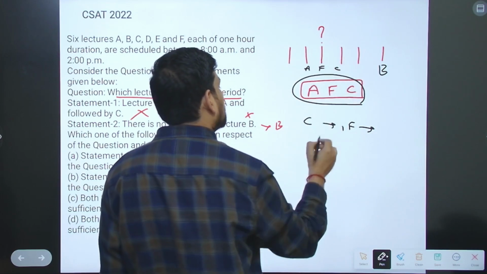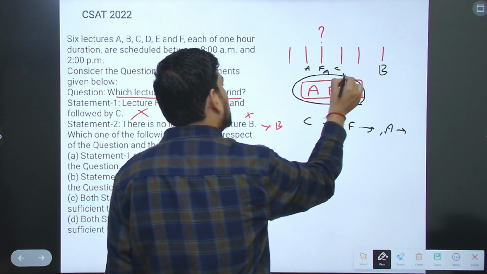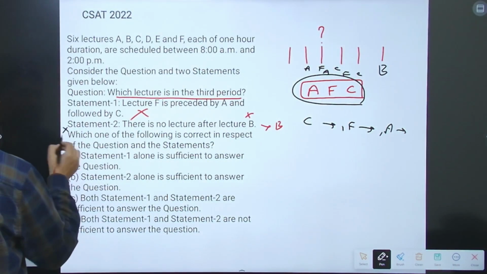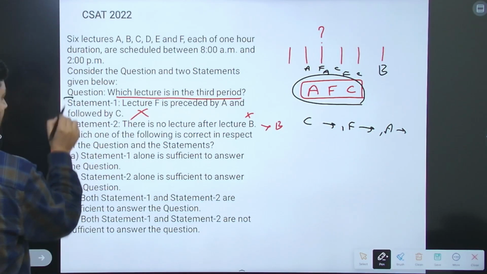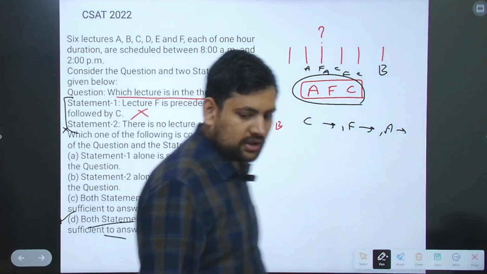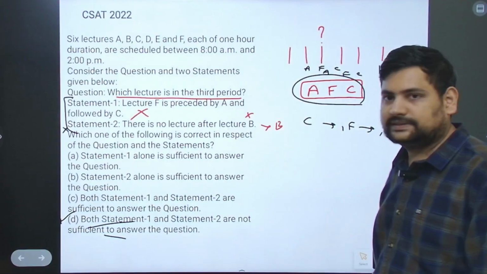And if I move them further, then A becomes the third period. You can see this. So I don't know exactly even using both statements. So the answer becomes: both statements even taken together are not sufficient to answer the question.